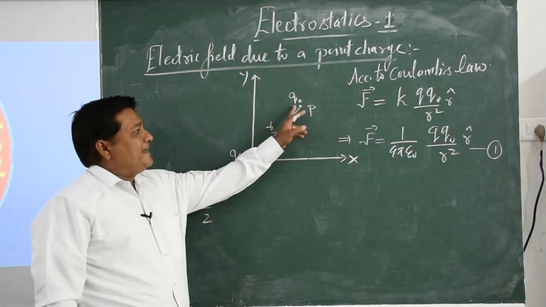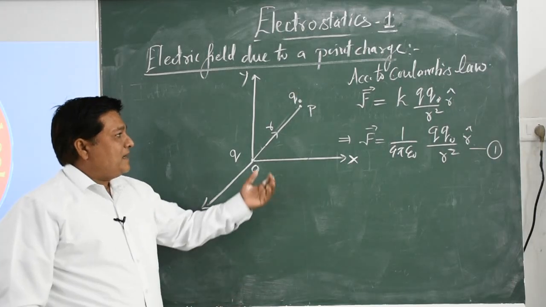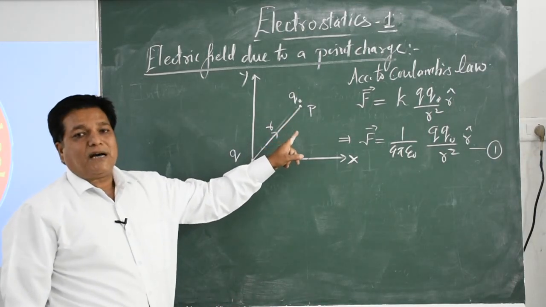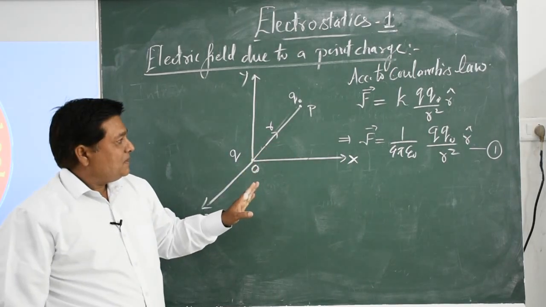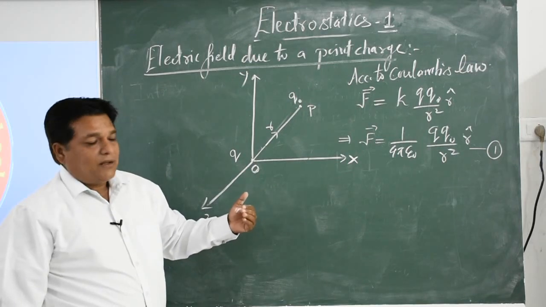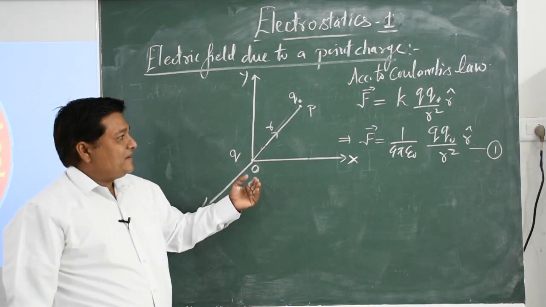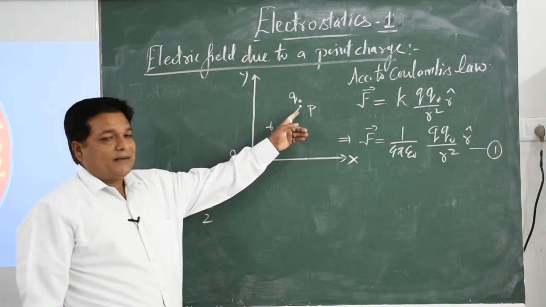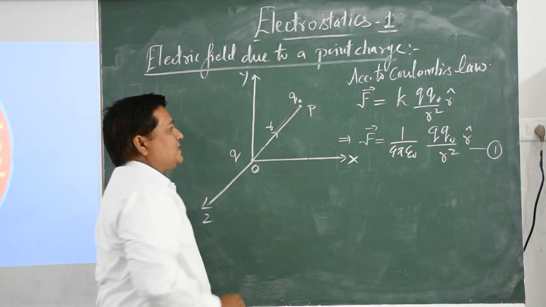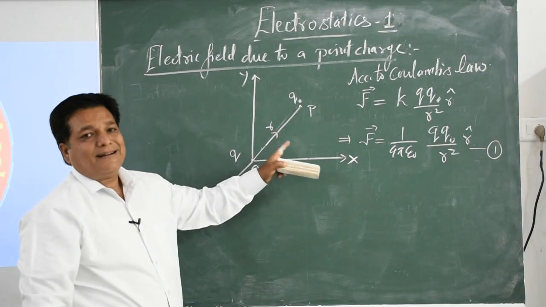Now, the test charge is Q naught, and earlier we have seen the electric field, the force per unit charge, at point P. We already discussed the definition of the intensity of electric field at point P where the test charge is there. The intensity of electric field is the force experienced by the test charge.